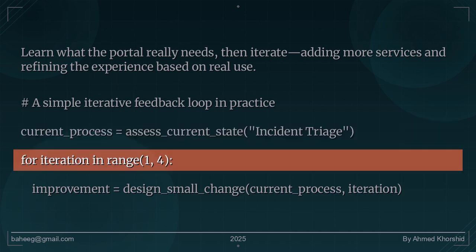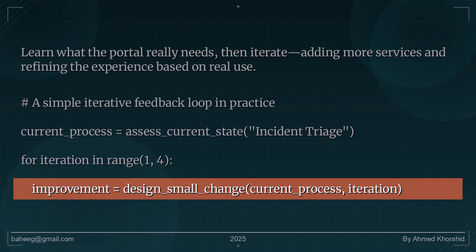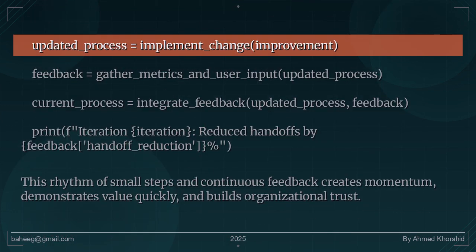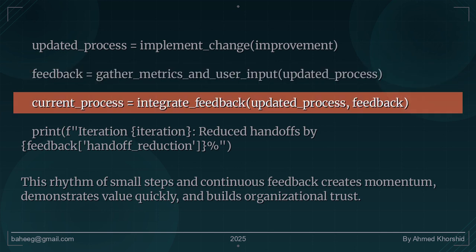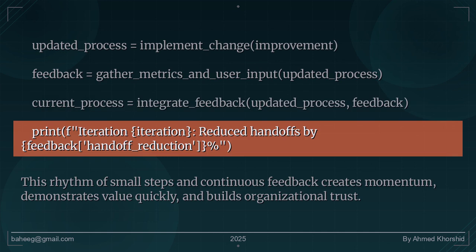For iteration in range(1, 4): improvement = design_small_change(current_process, iteration); updated_process = implement_change(improvement); feedback = gather_metrics_and_user_input(updated_process); current_process = integrate_feedback(updated_process, feedback). Print(f"Iteration {iteration}: reduced handoffs by {feedback.handoff_reduction}%").